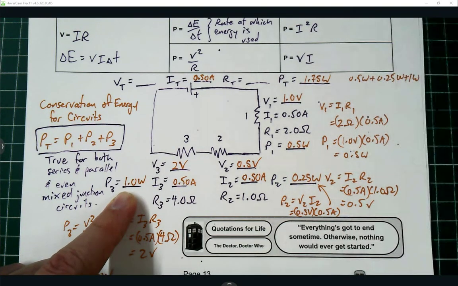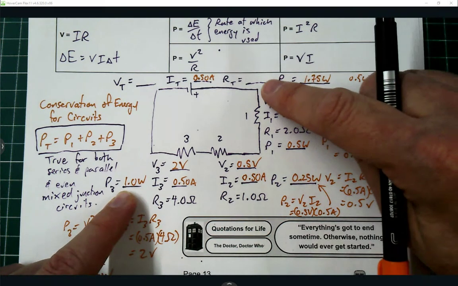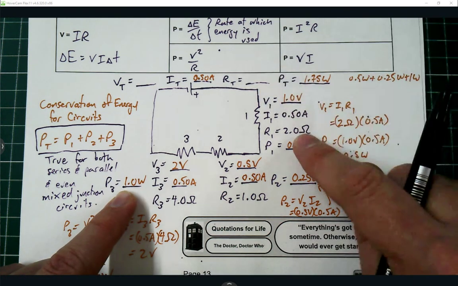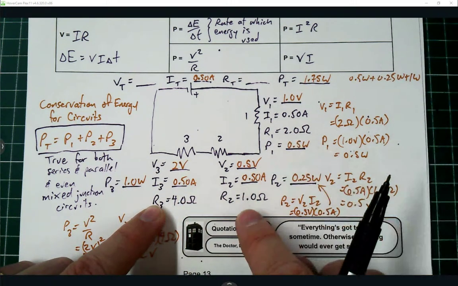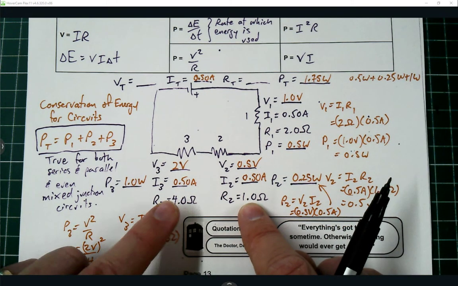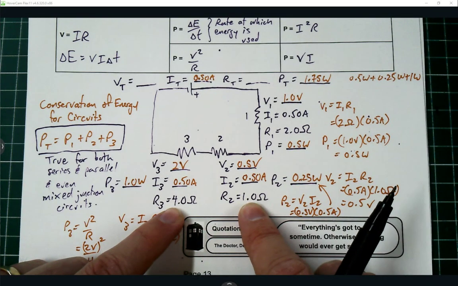Now hear what I said once before. I said that the total should be R1 plus R2 plus R3, 2 plus 1 plus 4 should add up to 7.